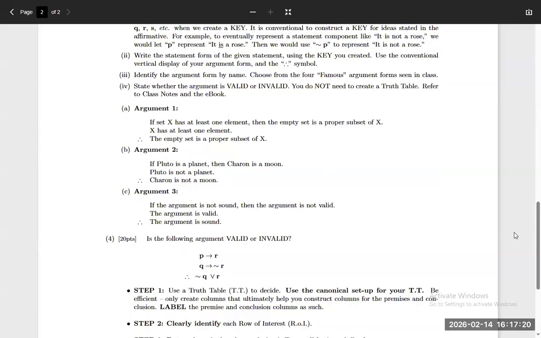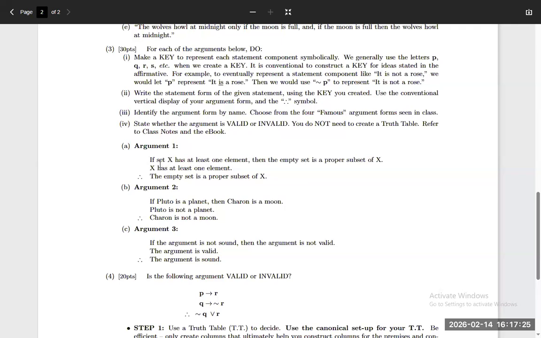You see it? So, argument 1, why don't you read it for us? If set X has at least one element, then the empty set is a proper subset of X. X has at least one element. The empty set is a proper subset of X.